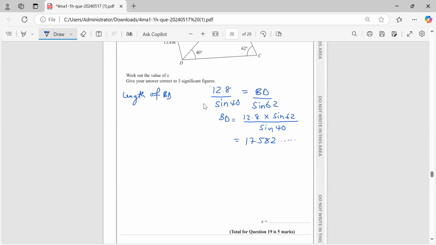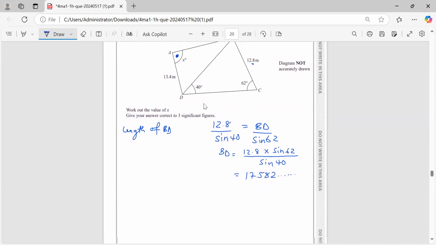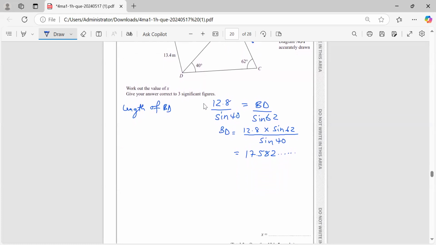So if we now have the length of BD, we're going to use the cosine rule. So cosine rule, we can write it in this way. If you want to find c squared, it is equal to a squared plus b squared minus 2ab cos c, right?